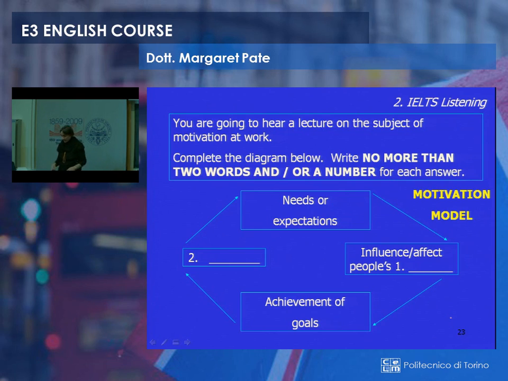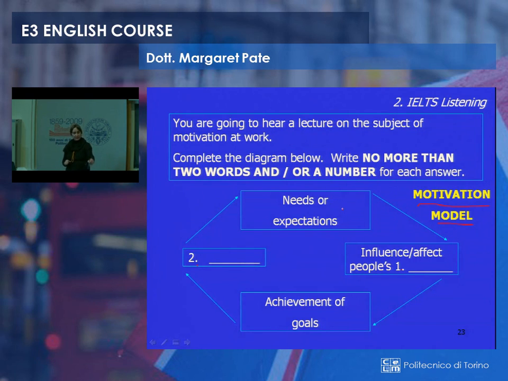We've also got a title. Always read the title of the diagram. It will help you to predict what the talk is about. All right, the other things which are important are the numbering. 1, 2. So we know, looking at the arrows, that the order is going this way. Many people get a bit confused because they haven't considered the order of the diagram.